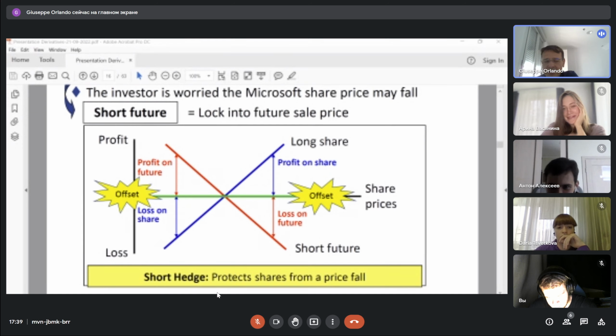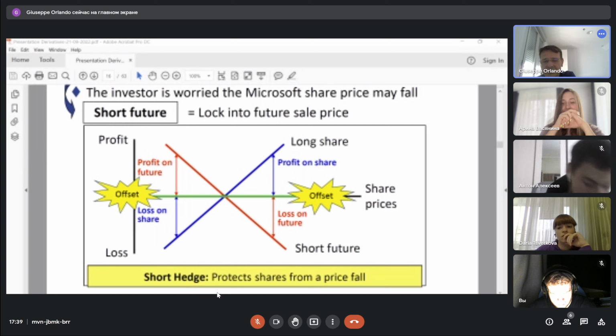They want to own some companies, but they don't want to have the risk of that. For them, what is important is to own the company, not to make money from now to next month. They want to be exposed to that company, but they don't want the risk.